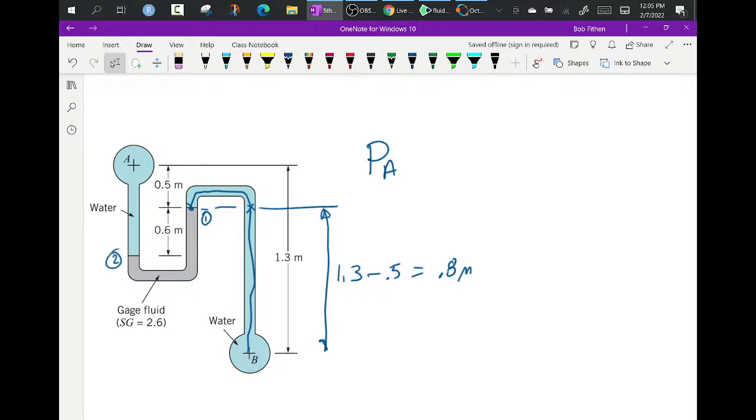Think to yourself, when I start here, I started at B, and then I went up, and when I go up, I decrease pressure. So up is equal to minus, and a down is equal to a plus.